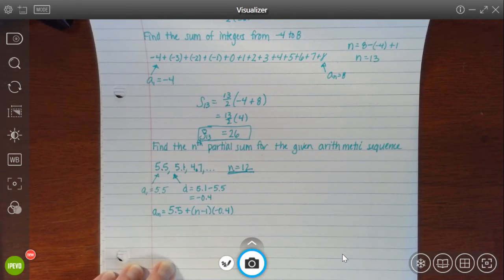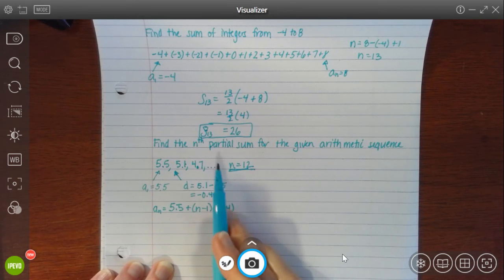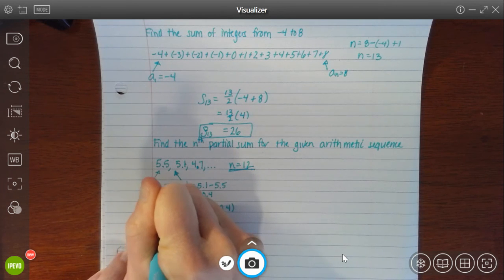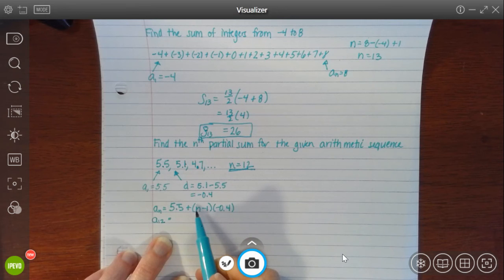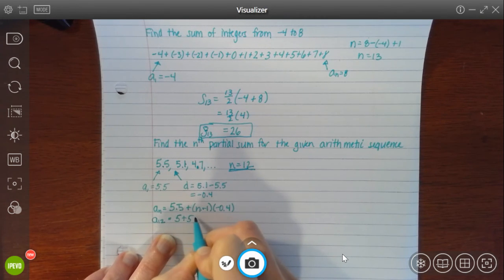Once I have my rule for a sub n, that's going to allow me to find any term in that sequence, as long as I know what term I want. So for this problem, I don't care about the stuff in between. I just care about that last value I'm going to get once I hit that 12th term. So we're going to finish this up by finding a sub 12 by just replacing 12 for n into this formula right here. Oops, I wrote a plus sign instead of a decimal.